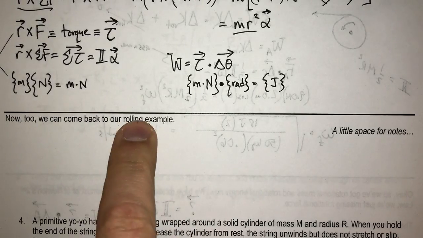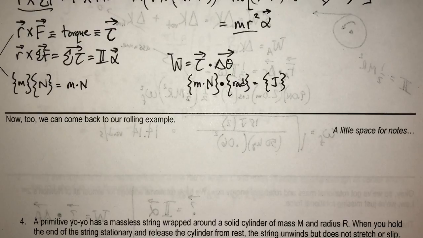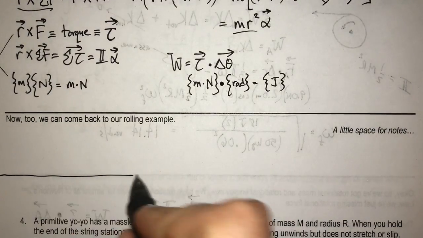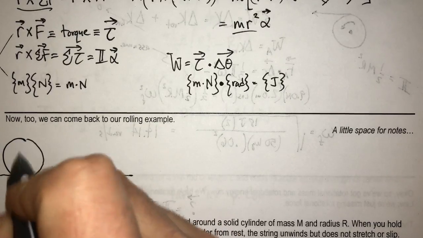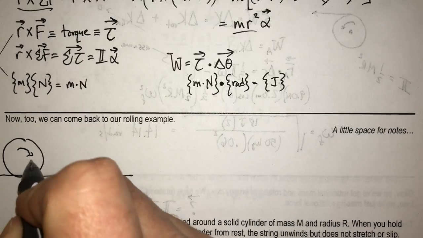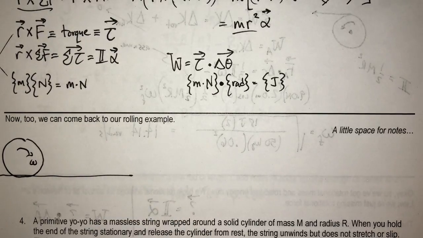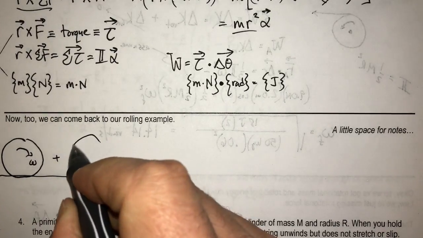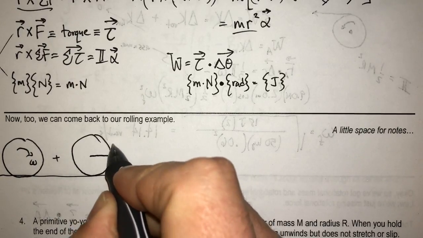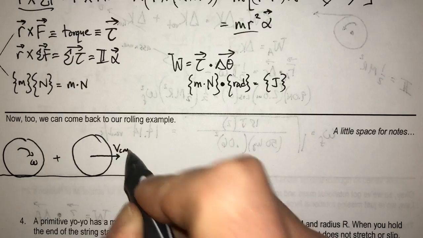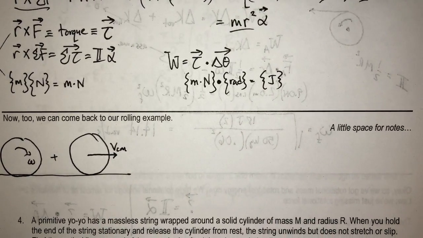The punchline here for rolling is that as we're rolling, we are rotating with angular velocity omega, but we're also moving to the right the entire object with some velocity.